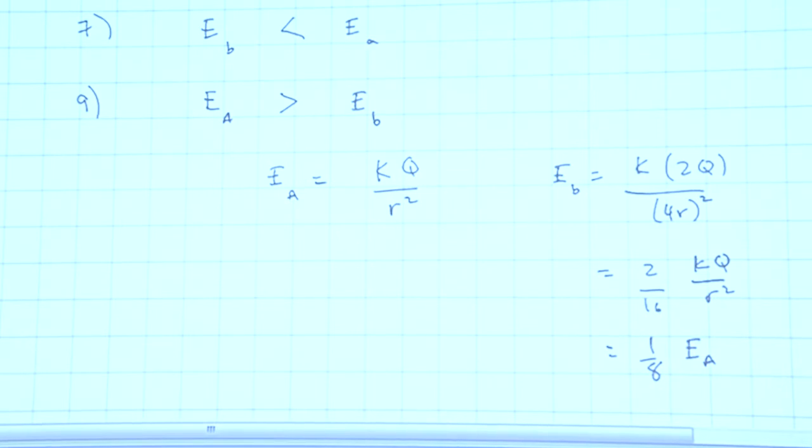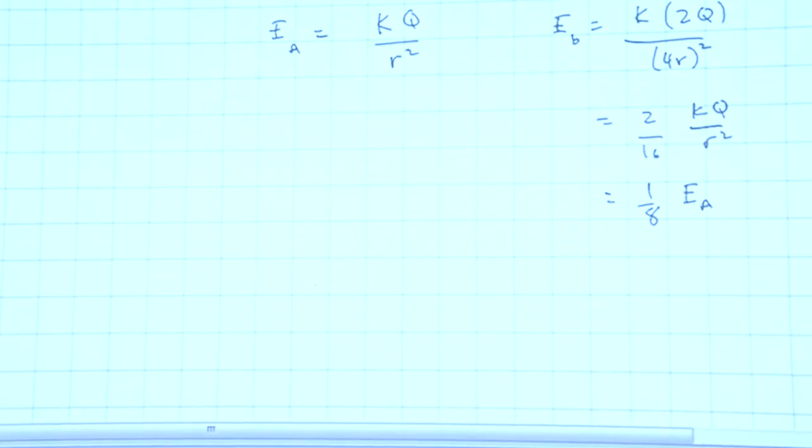Okay, so now we want to think about electric potential, V. We use the symbol V for electric potential. Let's see, which one should we do? How about number 2?